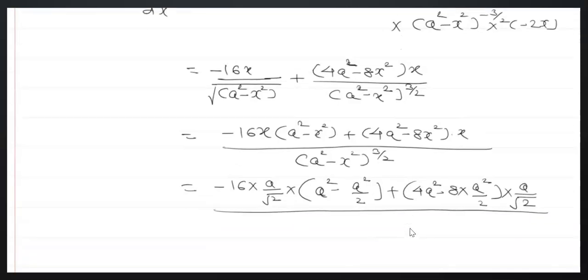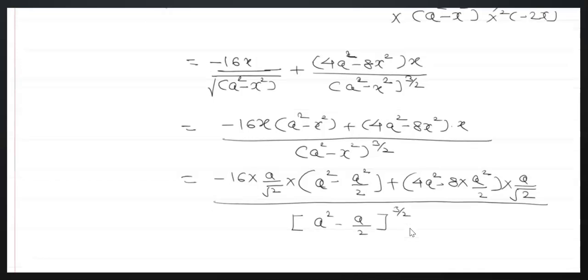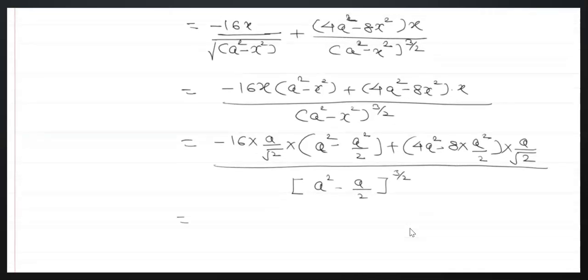And now simplify this. That is a square minus x square, which is a square upon 2, not a upon 2. Here it is a square upon 2, I will correct it. It's by mistake.